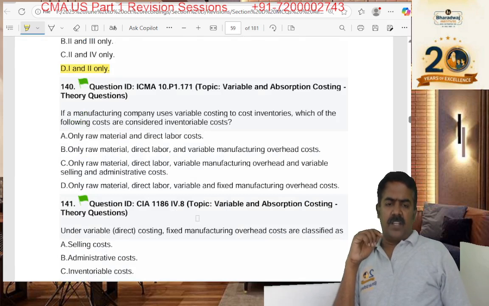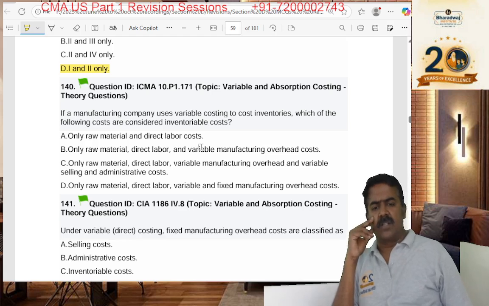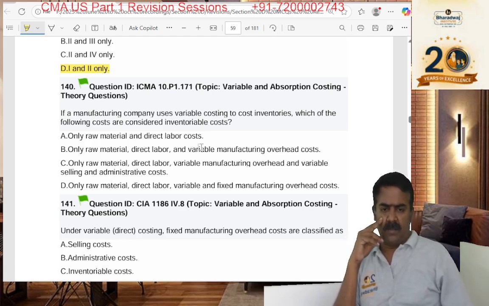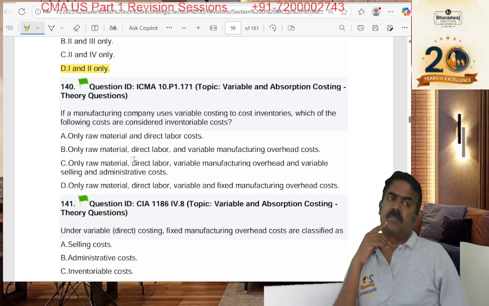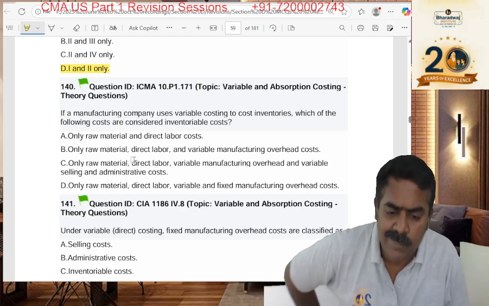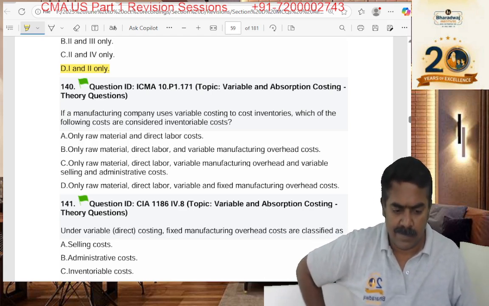If a manufacturing company uses variable costing system to cost inventories, which of the following costs are inventory costs? C, sir.